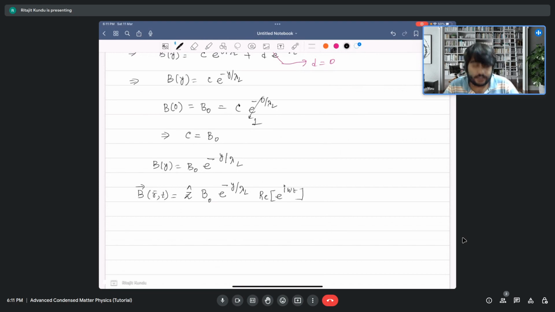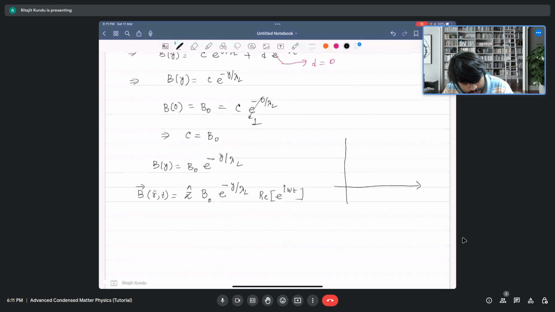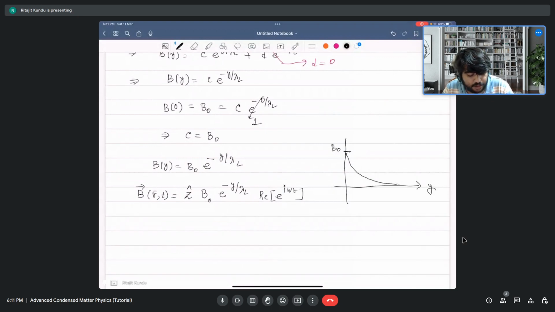This is something that you already know. If you want to plot it, at y equal to 0 this was B naught, and it decays exponentially on a length scale of lambda L.